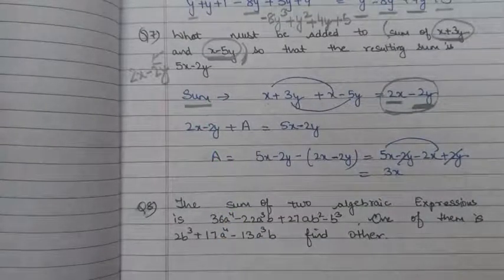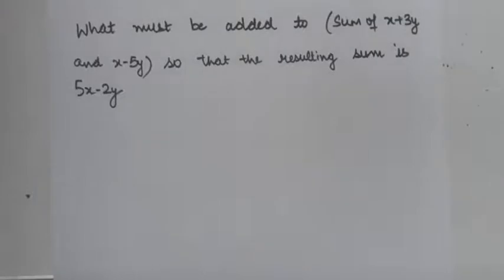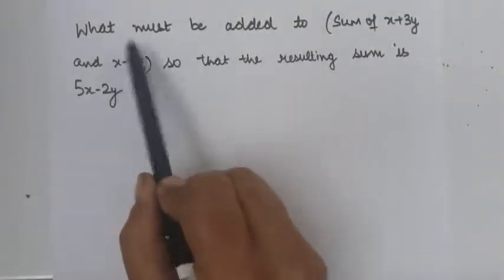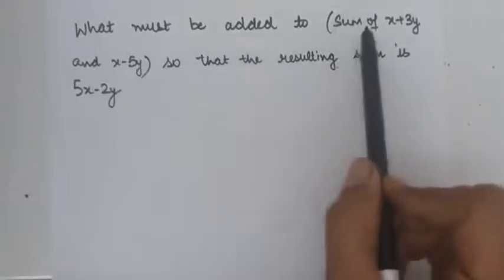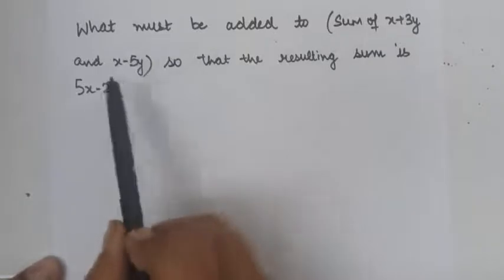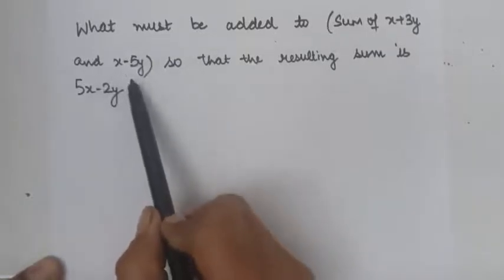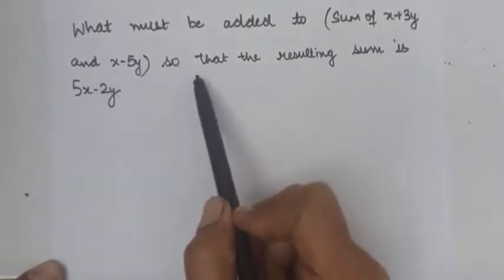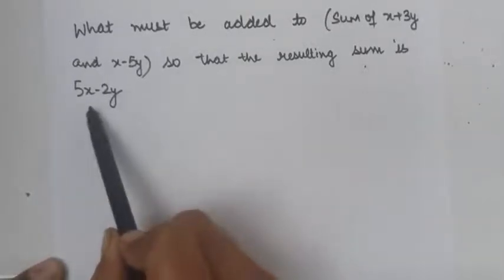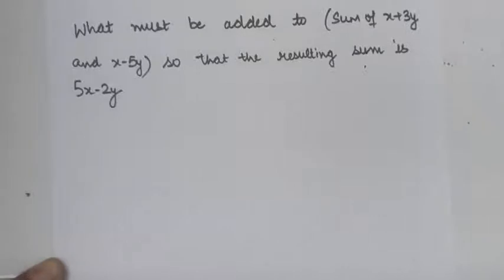Let us solve this question. Now see children, I have written this question. What must be added to the sum of x plus 3y and x minus 5y so that the resulting sum is 5x minus 2y.